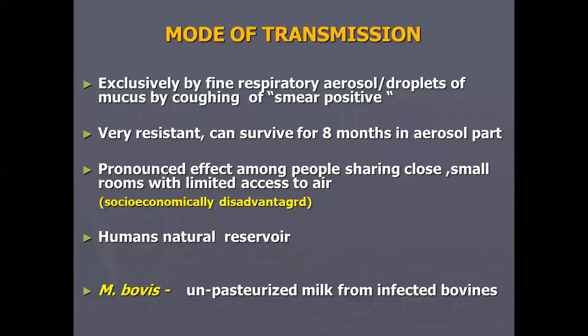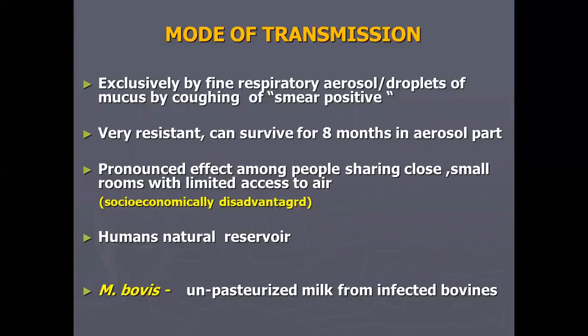Now, the mode of transmission of this organism is, as we all know, exclusively from the fine respiratory aerosol or droplets of mucus, particularly by coughing of the smear positive.